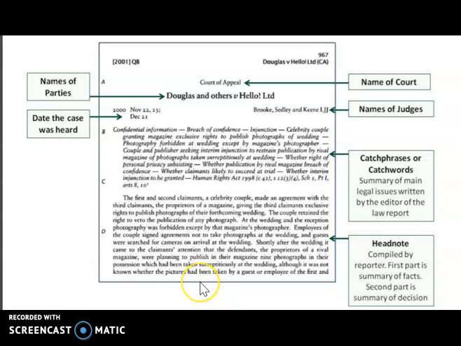So I've just got an example here on this screen for you. And you can see here the names of the parties, the court, the judges that were in the case, the date of the case, and catchwords. I think of this a bit like a hashtag on Instagram, that it's all the key information that you're going to find in the case.